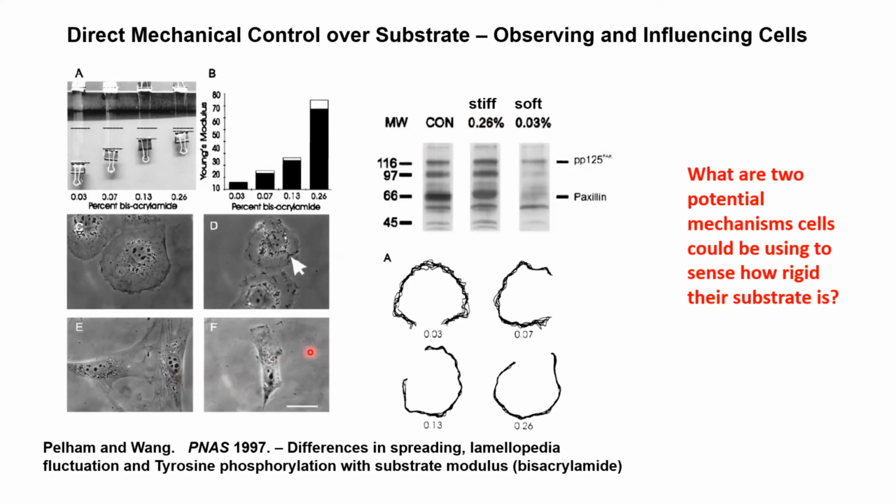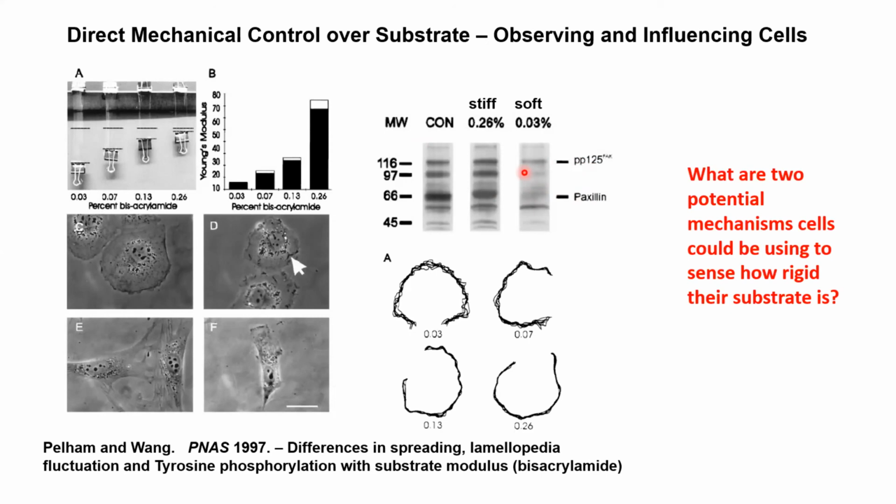But also if we look at signaling, so if we look at phosphorylation, generally a marker of signal activation of focal adhesion kinase, FAK, and also the presence of paxillin, a focal adhesion complex protein. What we can see is on the soft surface, not only is there less of this focal adhesion contact protein, there's also less signaling.